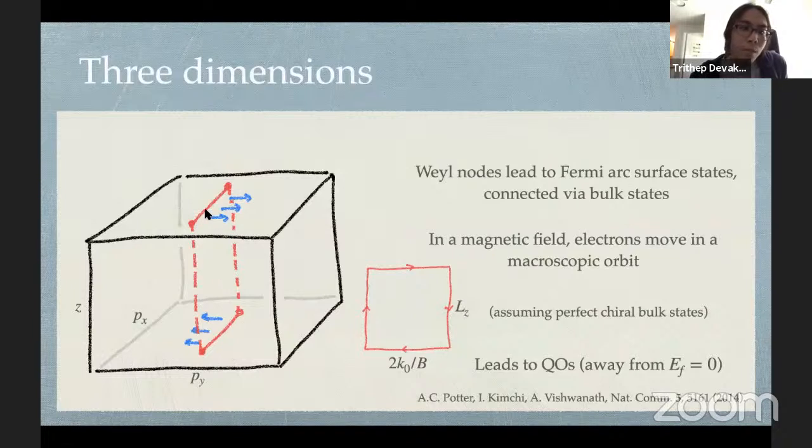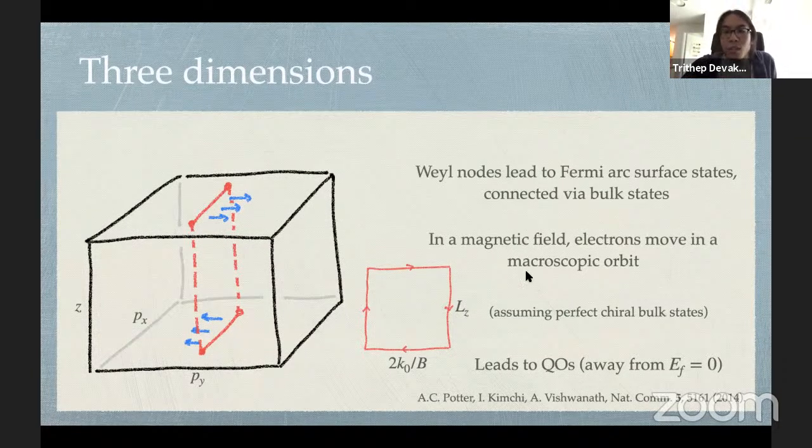They move along the Fermi arcs of the surface. But at some point, they reach the end of the Fermi arc, and there's nowhere to go except into the bulk. So they enter the bulk chiral state. They continue all the way to the other side of the sample, and they go back the other direction, and then they traverse the bulk.